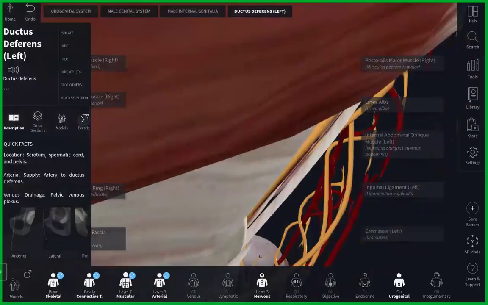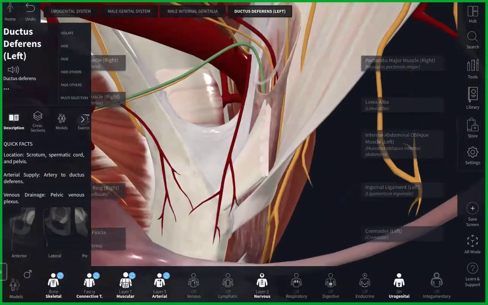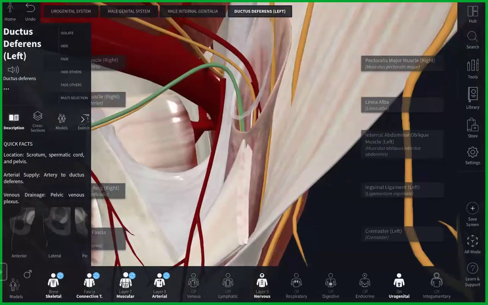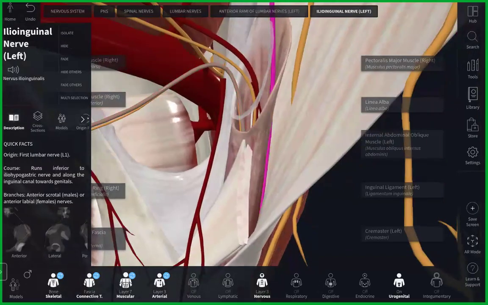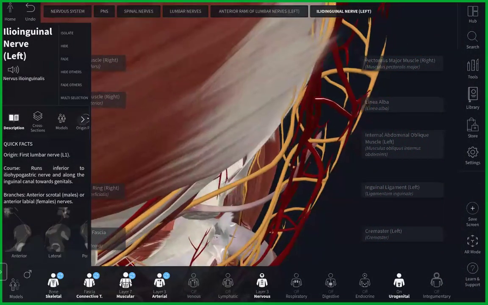So let me tell you another thing. These are the structures that are entering the deep inguinal ring, and ilioinguinal nerve is sitting over your spermatic cord. It does not enter deep inguinal ring.